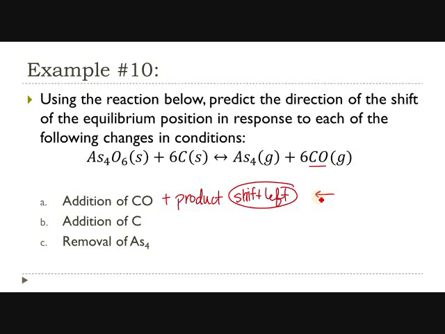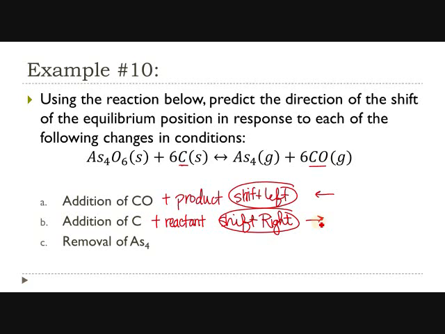Okay, B, we're adding carbon, which is a reactant. So this time we're adding a reactant, so we want to shift away from the reactants. The answer will be that to relieve the stress, it will shift to the right. You can draw your arrow. So that it uses up that extra until we're back at equilibrium.